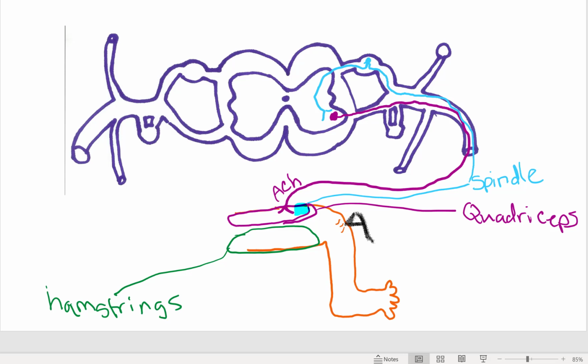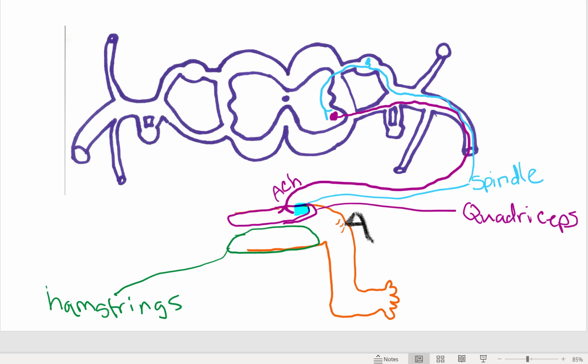But it's actually misleading, Jessica, because this afferent fiber, it's called monosynaptic because it only has one synapse between the afferent fiber and the somatic motor neuron that would activate a particular muscle group.